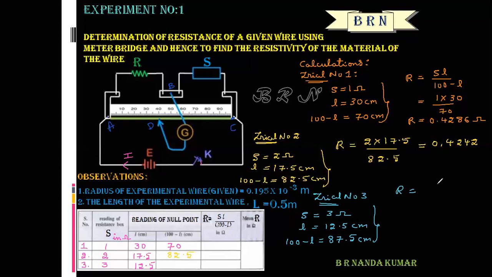So R is equal to S value 3, L value 12.5, divided by 87.5.